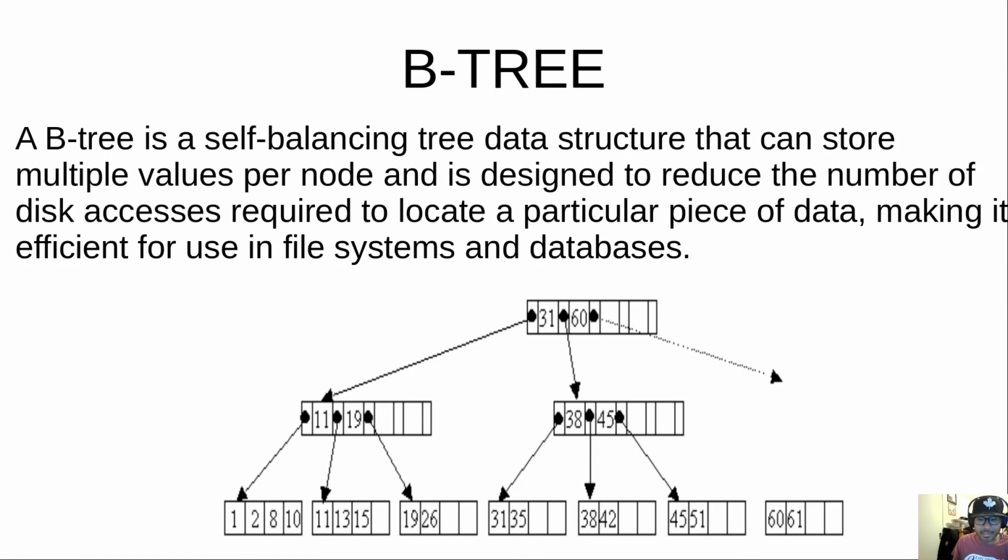It's not limited to 2 children like a binary tree. This is used in your database or file system applications. We're also going to go into B-trees in future lectures.